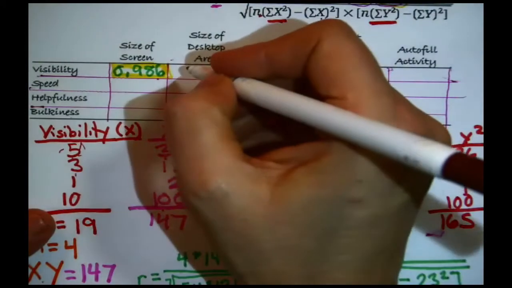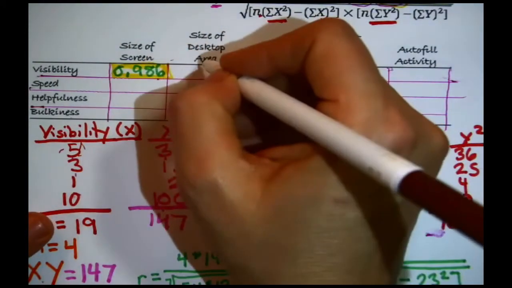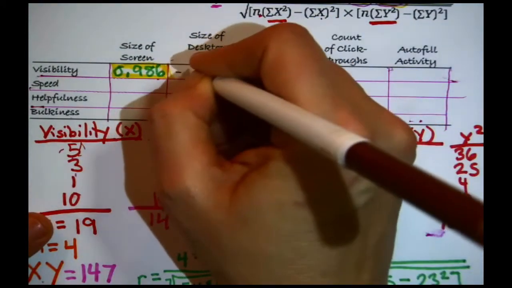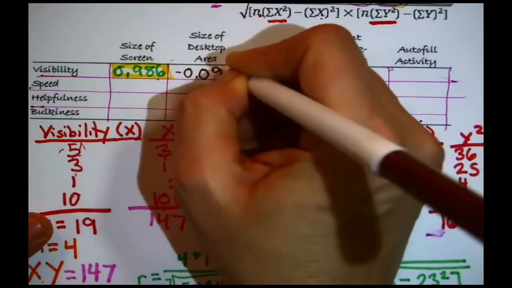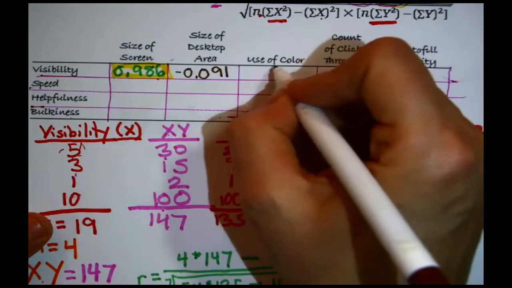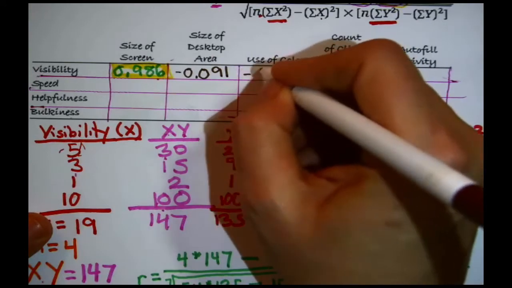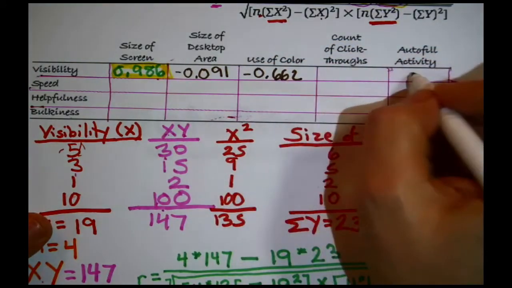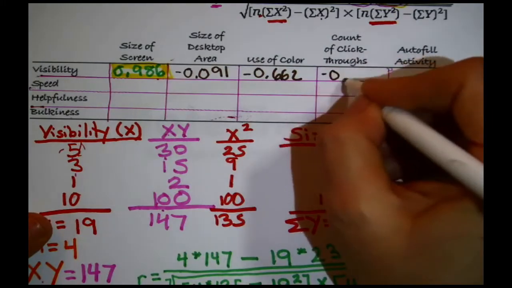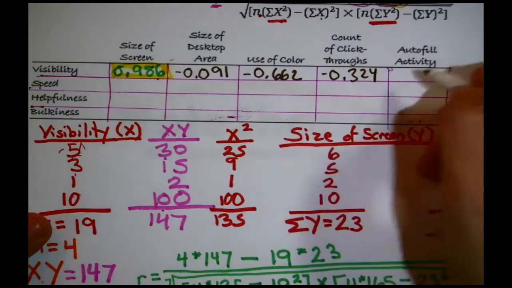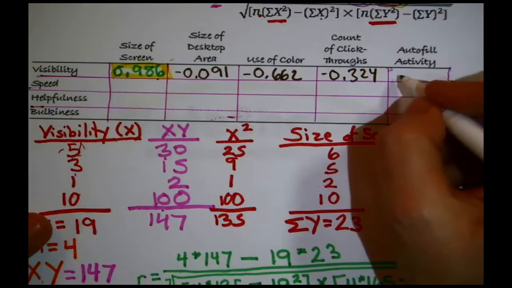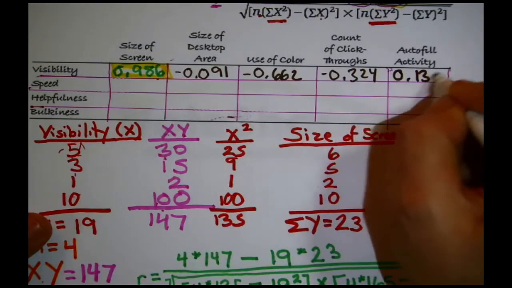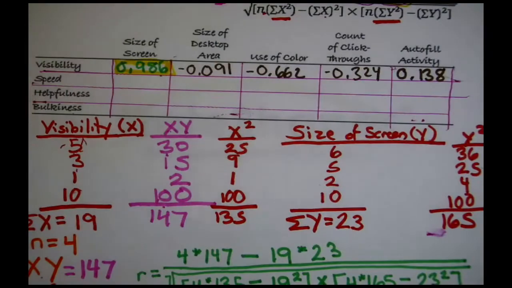If you do that, you discover that the correlation coefficient between visibility and the size of the desktop area, I get negative 0.091. Then visibility and use of color, negative 0.662. Continuing across the top, negative 0.324. And then the last one, visibility and autofill activity, 0.138. Those are the correlation coefficients associated with visibility. What about speed?